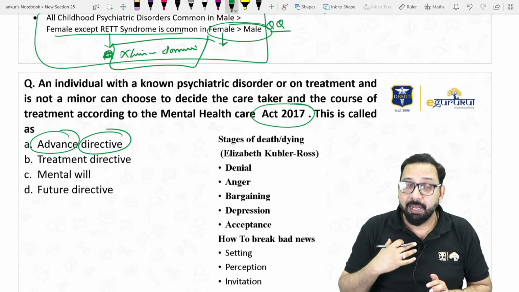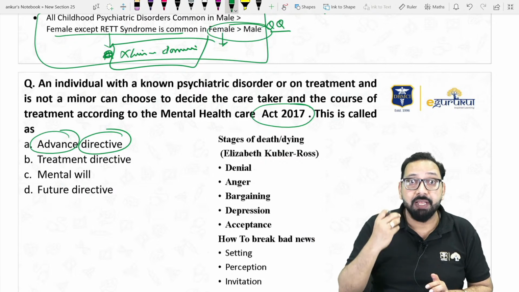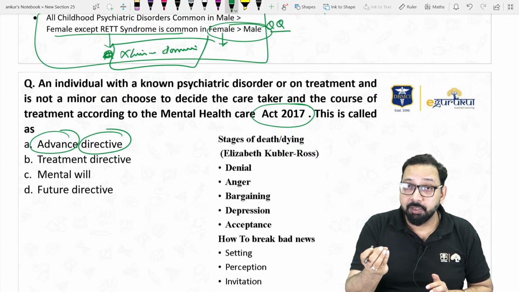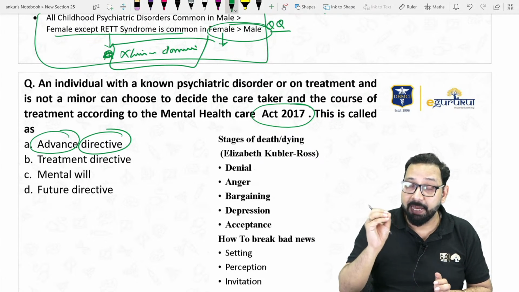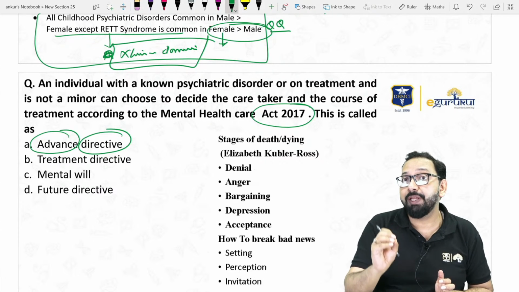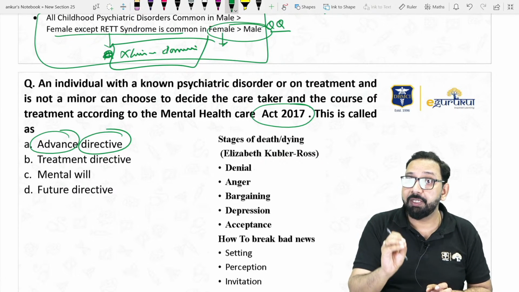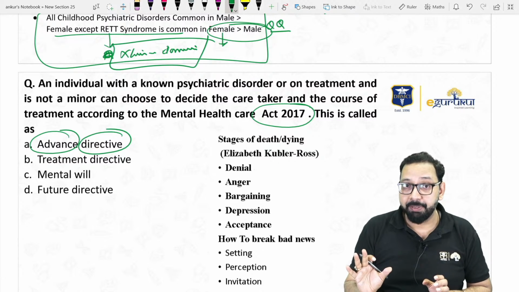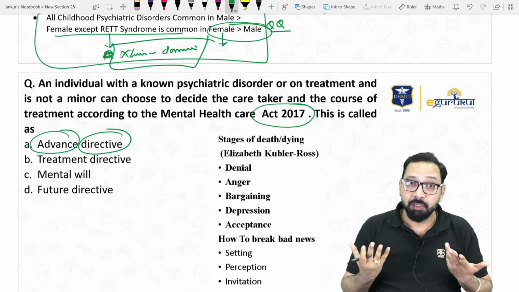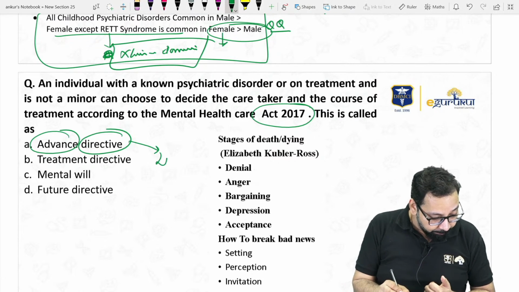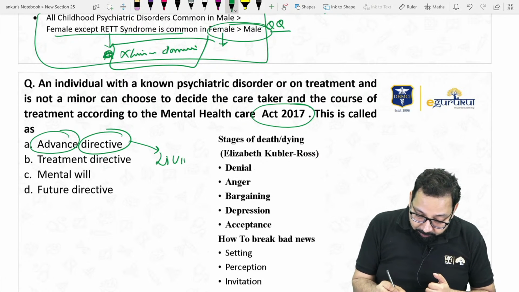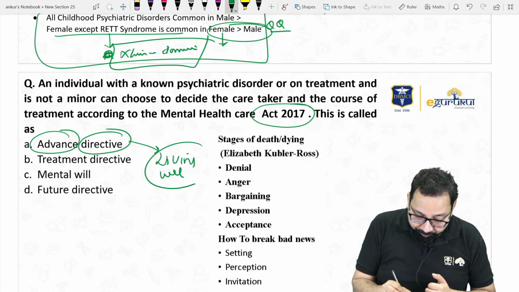I can direct the doctor, psychiatrist, in advance that if I develop psychiatric illness, I should not be admitted or I should not be given electroconvulsive therapy. So I can make my will. It is also called living will.